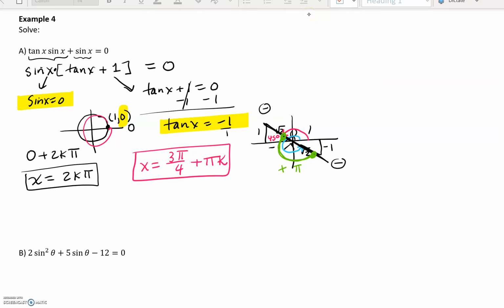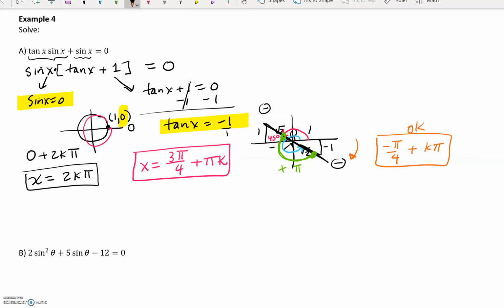So if you thought of it as, hey, I'm just going to use only this angle right here, negative pi over 4, and then add this green pi to pick up the other one, and back and forth and back and forth, this would also be okay if your answer had that form. So there are different ways to represent the answers.